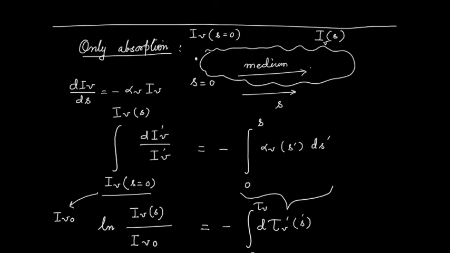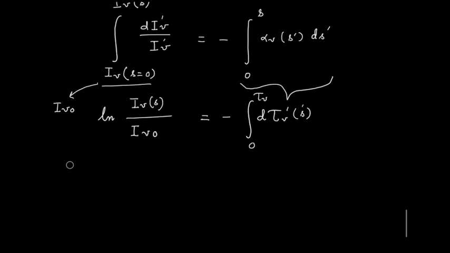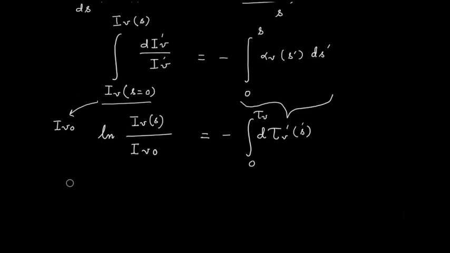Okay, so tau nu is something that also changes along the path. Just like S changes, the other thing that changes is tau nu. Now let me tell you what tau nu is called.